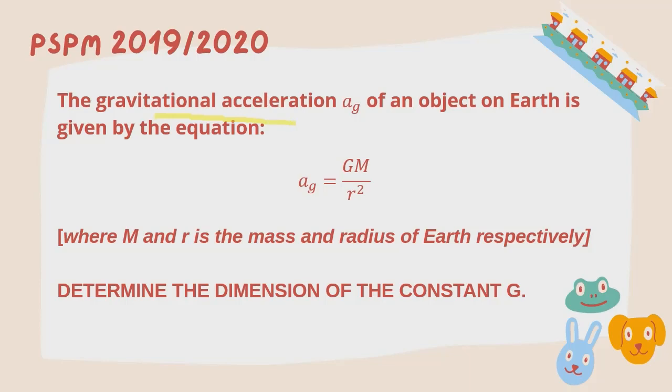Gravitational acceleration you will learn in chapter 7, gravitation, this semester. This is the formula given. You know a is acceleration, and given M and R are mass and radius of Earth respectively. Now G is a constant here because it asks you to find the dimension for constant G.